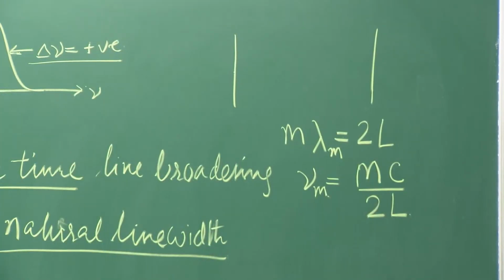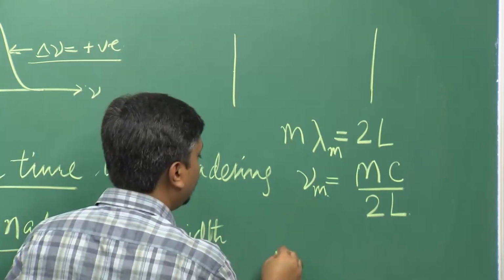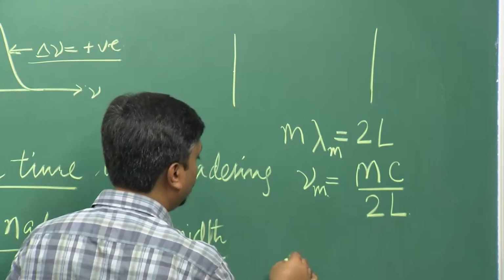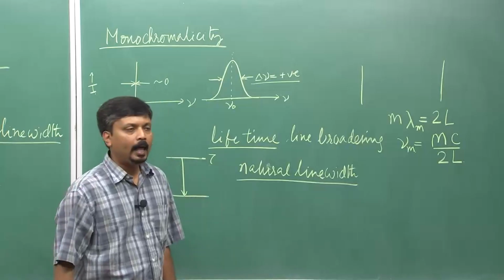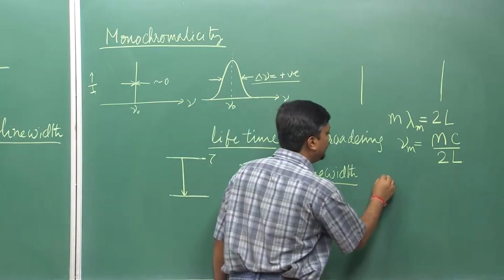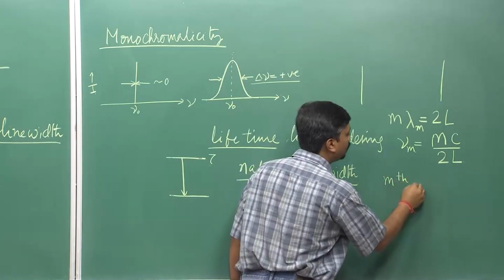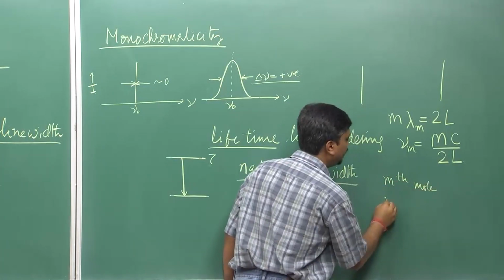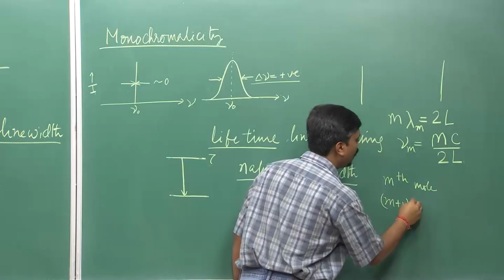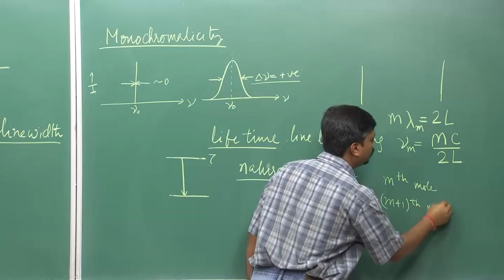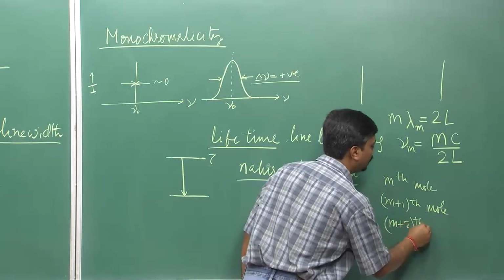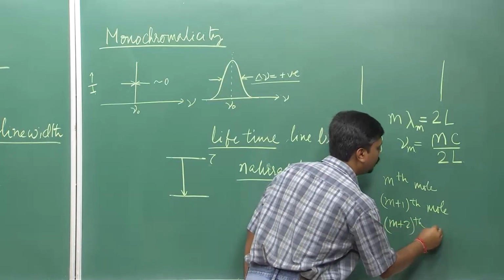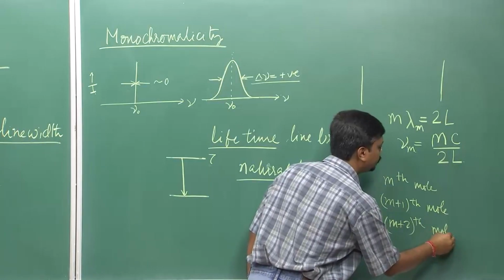Now, I can find say one particular mode corresponding to one particular wavelength, and then say I find the mth mode, then I can have the m plus 1 mode, and so on.